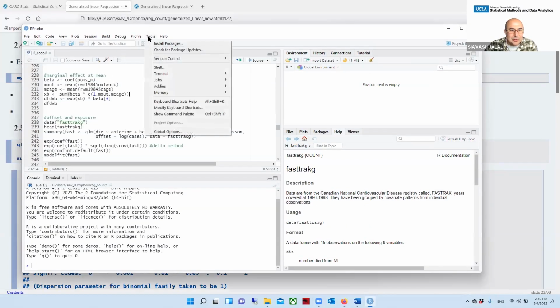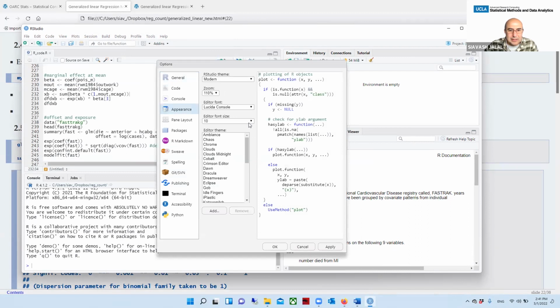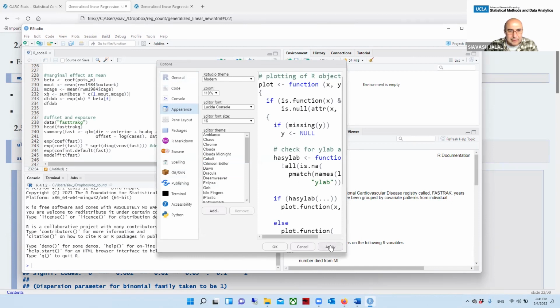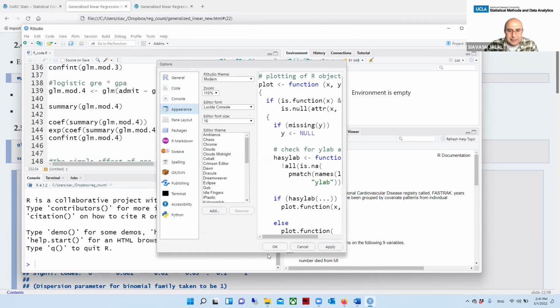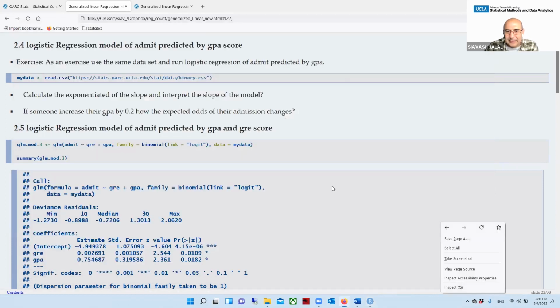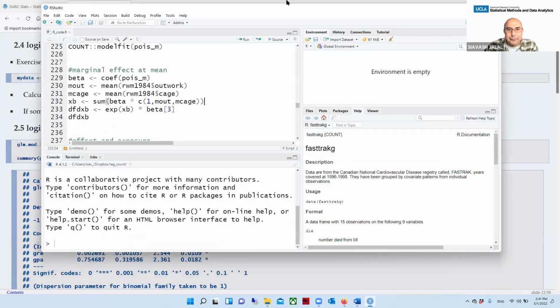Let me go to my R option and make it a little bigger. Is that big enough so everybody can see it? Yeah. Okay, do you see my R?